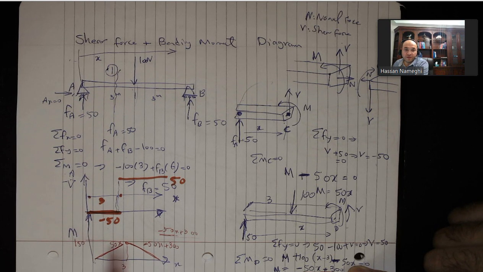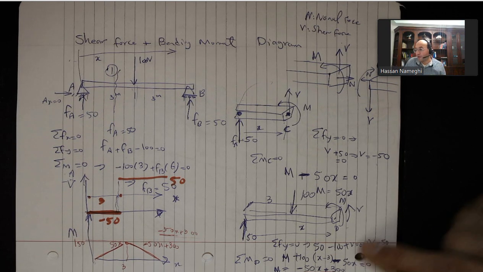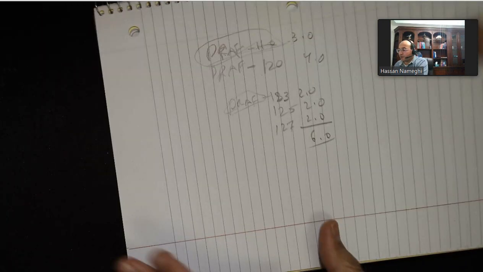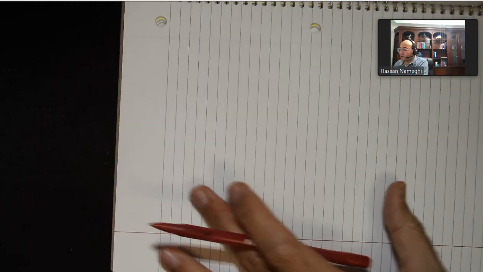the bending moment. So let me just do one more example, then we'll start doing some coding, and then grab into like more complex types of examples. In the other example I have a beam like this.